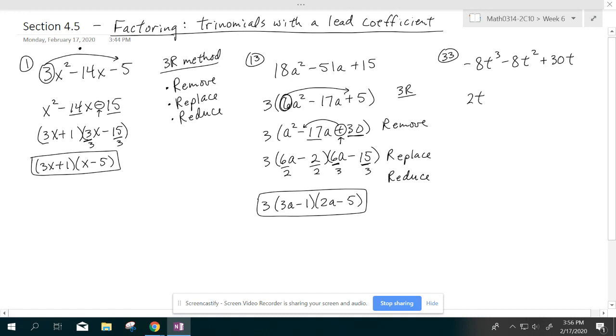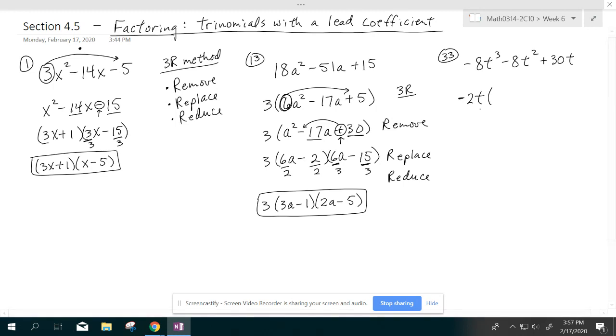Right. And the negative. Why do I have to take out the negative? Because the lead coefficient is negative, and the lead coefficient should be positive. So that always has to be done first. Factor out has to come first.